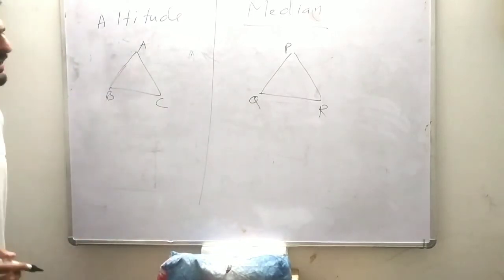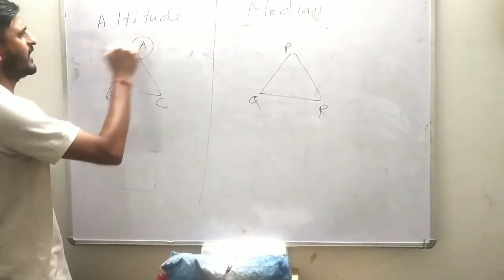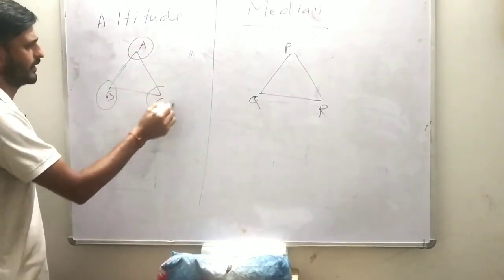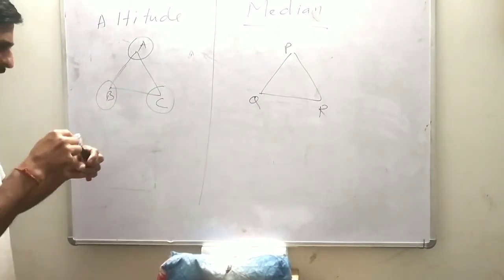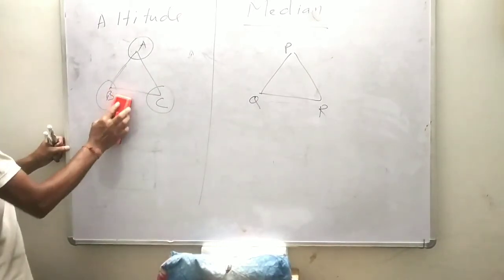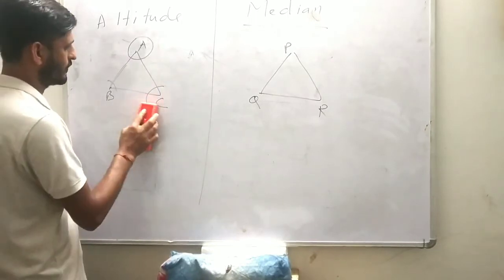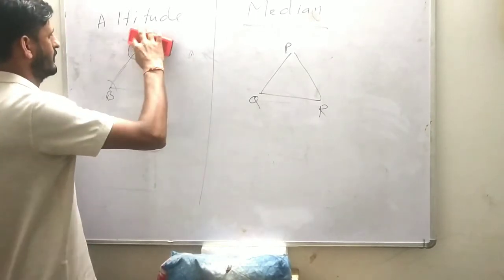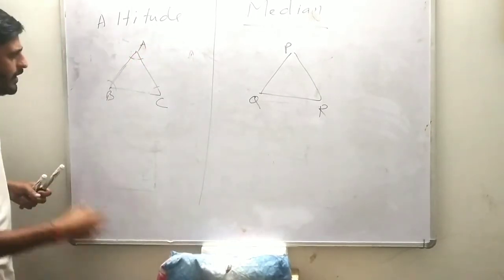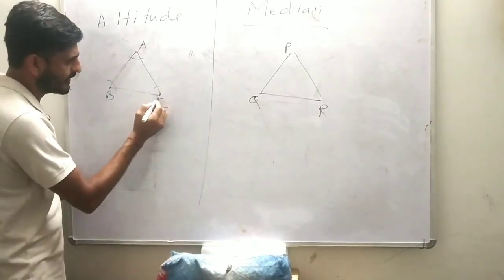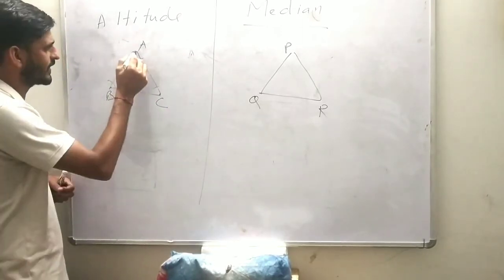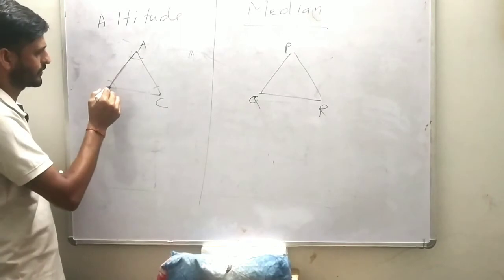Let us take any vertex. Which vertex do you want to take? Here, C. Okay, let's take vertex C. If you take C as a vertex, what is the opposite side? AB is the opposite side.